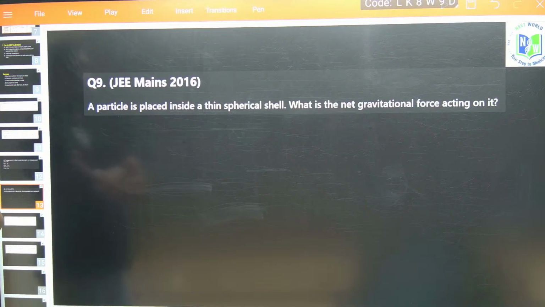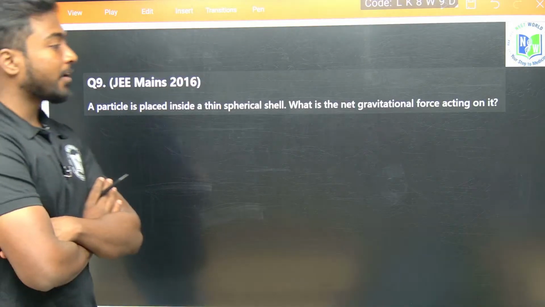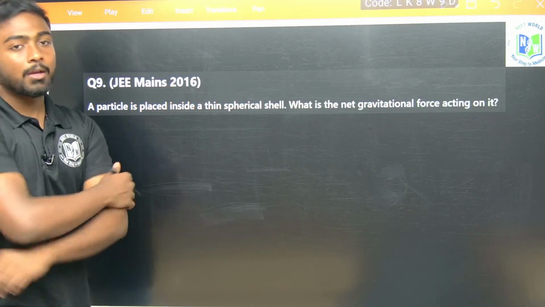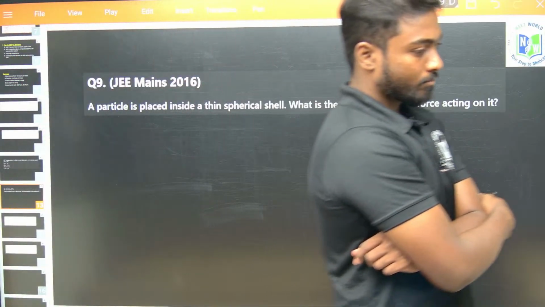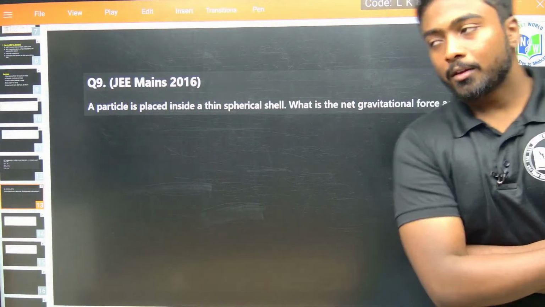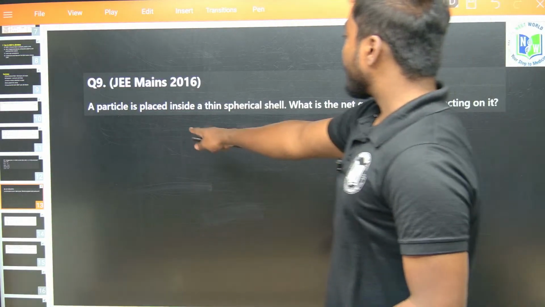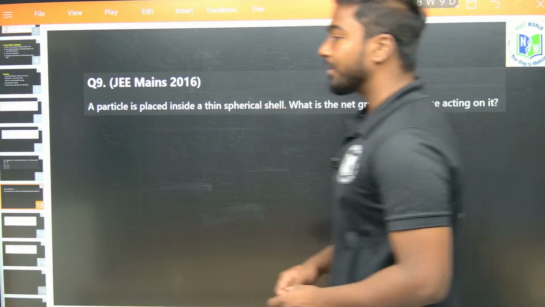A particle is placed inside a thin spherical shell. What is the net gravitational force acting on the particle? You can give the answer directly here: when we keep a particle inside a thin spherical shell, it is 0.